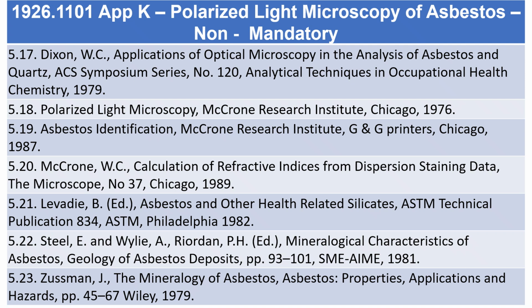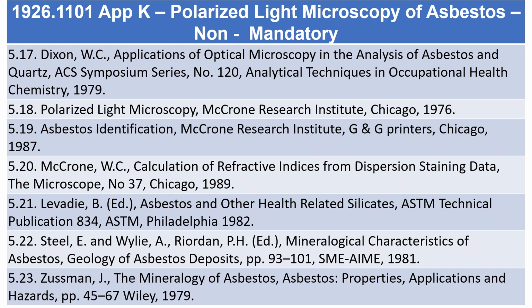Polarized Light Microscopy, McCrone Research Institute, Chicago, 1976. 5.19. Asbestos Identification, McCrone Research Institute, G&G Printers, Chicago, 1987. 5.20. McCrone, W. C., Calculation of Refractive Indices from Dispersion Staining Data, The Microscope, No. 37, Chicago, 1989.